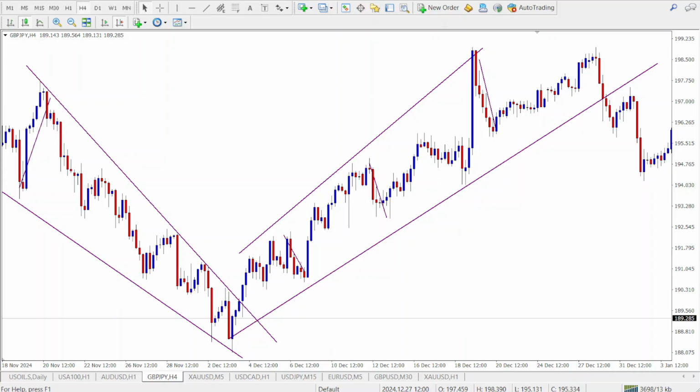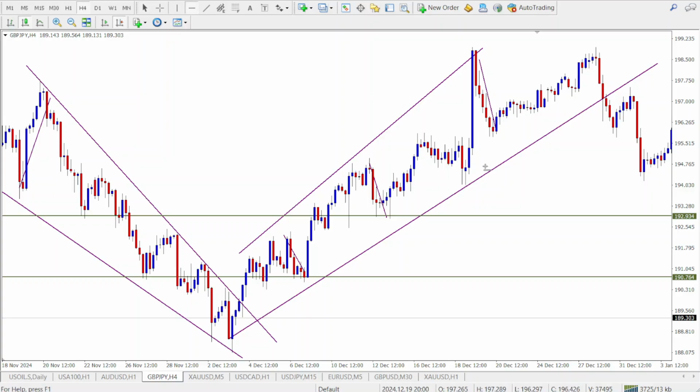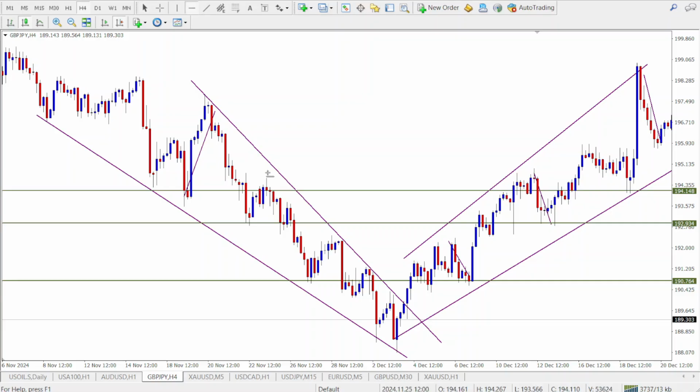Now, for the best pullback entry zones, we have support and resistance zones. Very important. If price pulls back to a previous support in an uptrend, or pulls back to a previous resistance in a downtrend, it's a great place to look for entries.